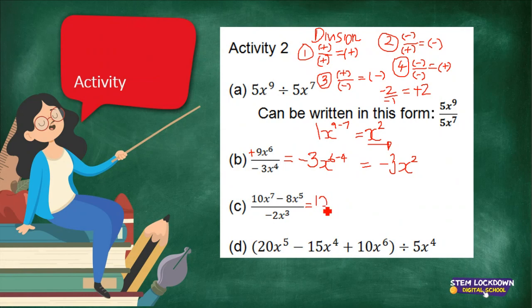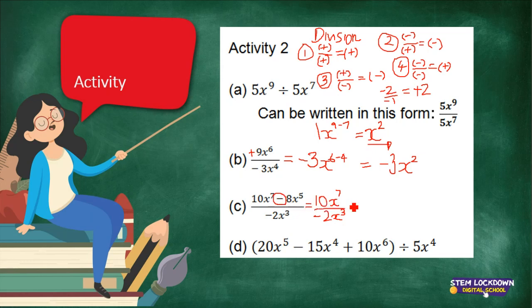You must say 10 times x to the power 7, right? The negative 2x to the power 3 is dividing both these values, so divided by negative 2x to the power 3. And in between the 10x to the power 7 and the 8x to the power 5, we have a negative sign, right?